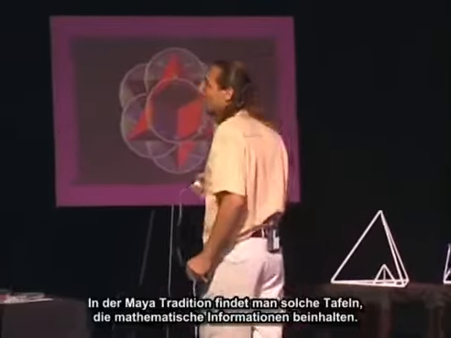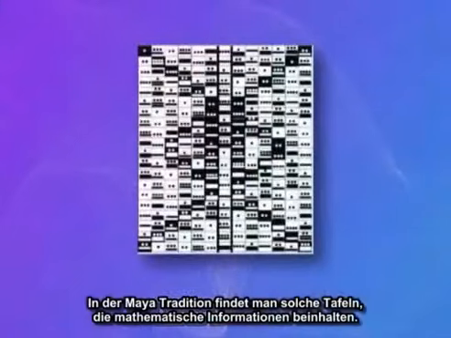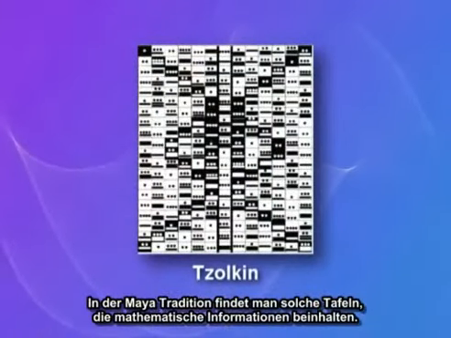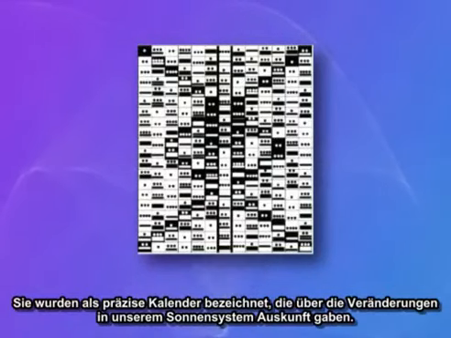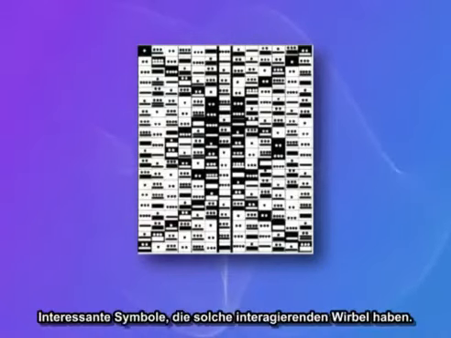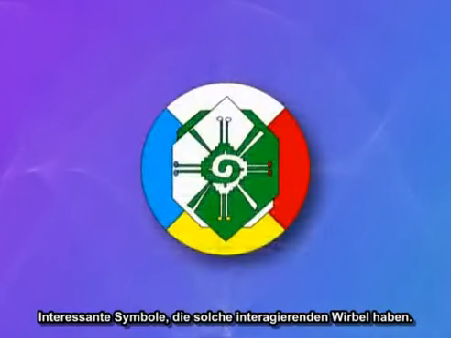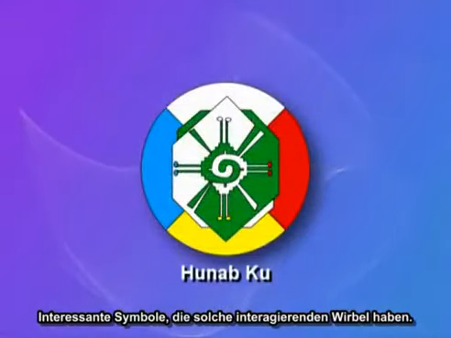In the Mayan tradition as well, you find grids like so that have mathematical information on them that are thought to be calendars, very precise calendars about the changes in our solar system, and interesting symbols that have these vortices that are interacting.